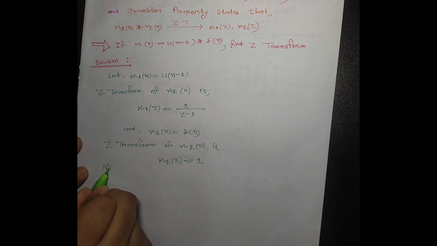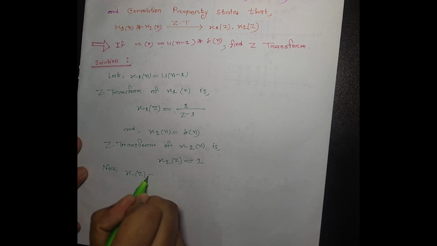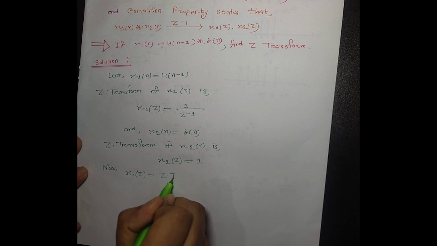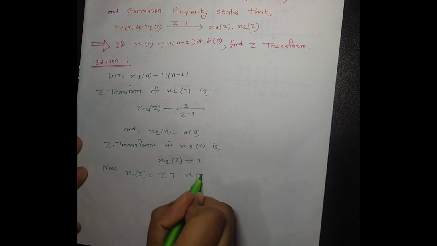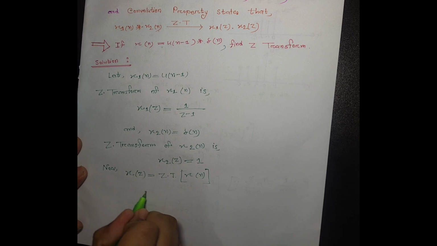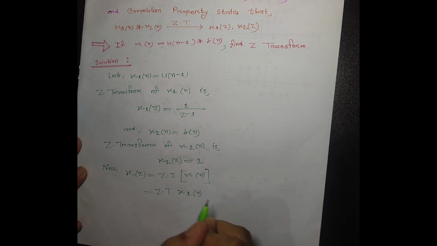Now X of z equal to Z transform of x n. Z transform of x n means x1 n convolution of x2 n.